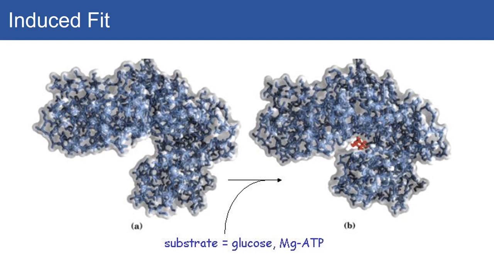The next one is induced fit, and this is hexokinase. You can see that there are two different conformations of this protein. The enzyme is floating around, the glucose fits into the active site, and then the enzyme changes its shape, which causes an induced fit to occur.